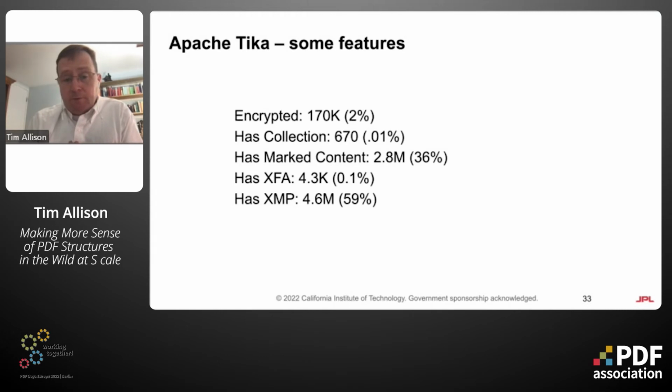A very small number of them had a collection, about roughly 3 million had some marked content in them, and that's very consistent with what we got out of pdfinfo, so that's a good sign. A very small number of them had XFA, and about 60% had XMP. So again, that's correlating well with what we're getting out of pdfinfo, so that warmed my heart.